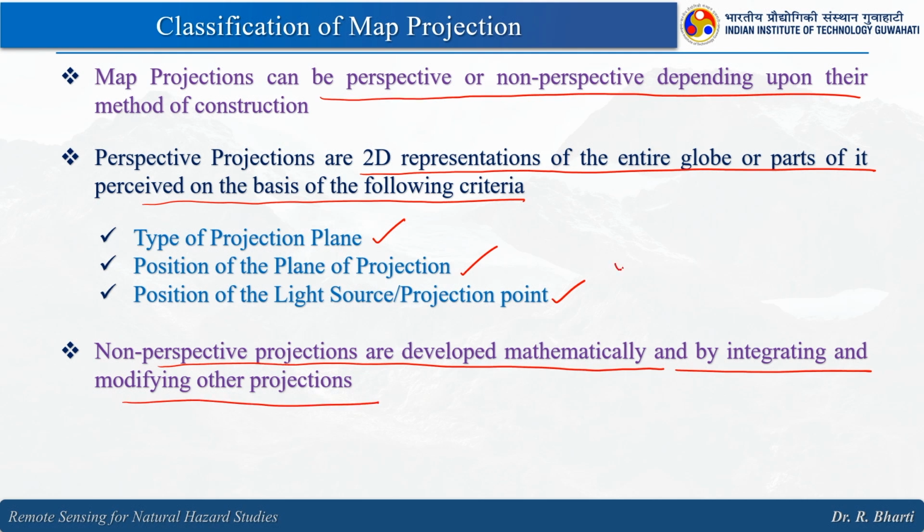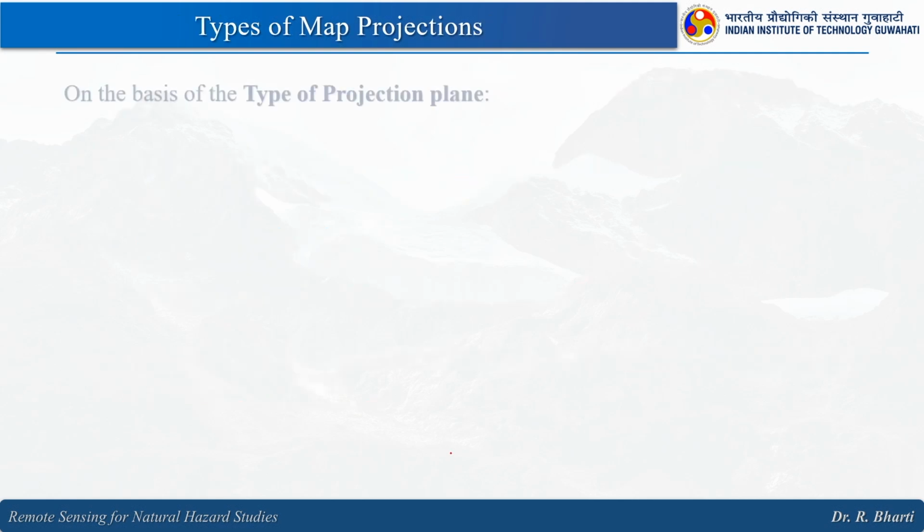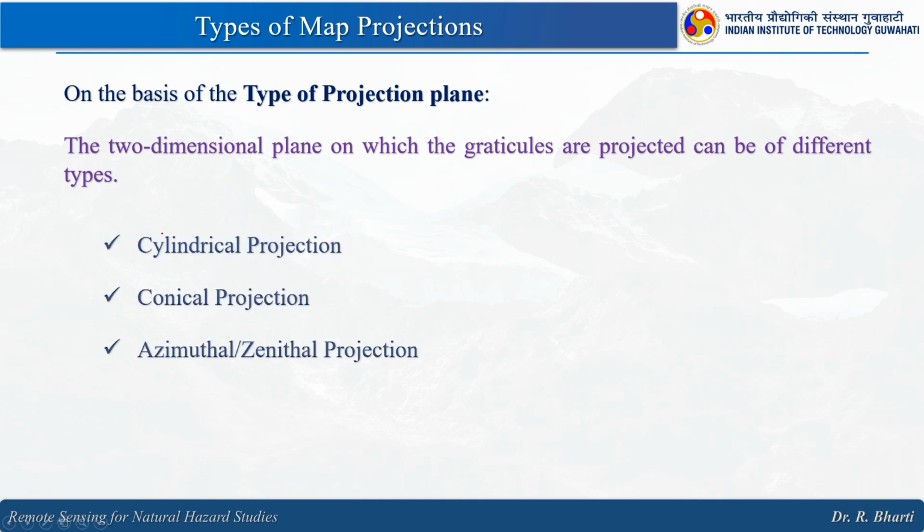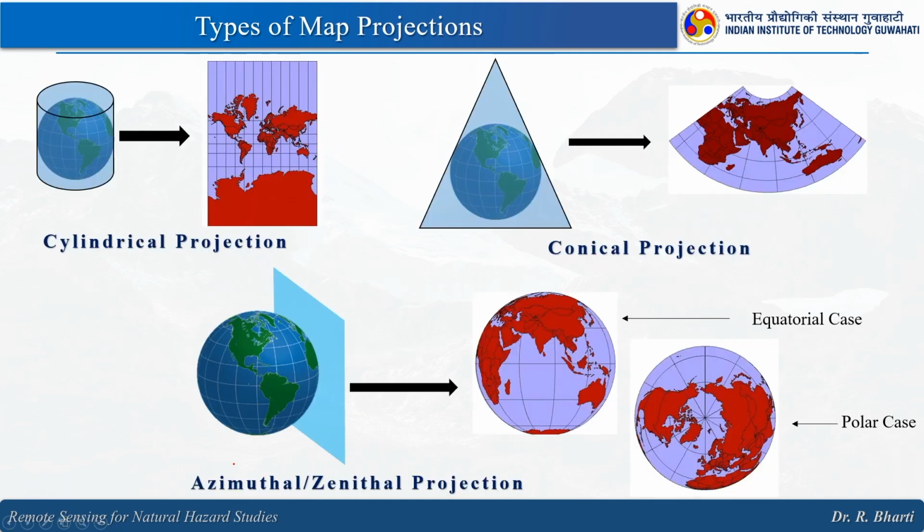So, we will be seeing the examples of perspective and non-perspective projection systems. On the basis of type of projection plane, the two-dimensional planes on which the graticules are projected can be of different types: cylindrical, conical, azimuthal or zenithal projection systems.